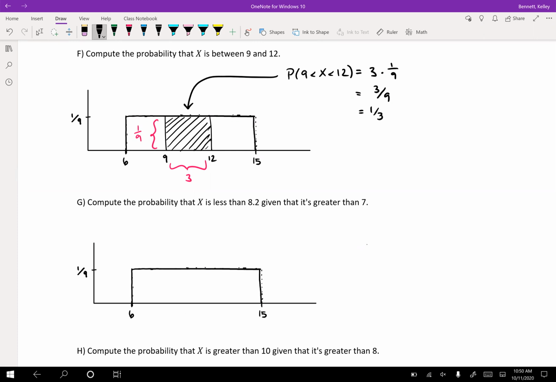So remember, the probability of A given B is the probability of A and B, the probability that both things are true or both things occur, divided by the probability of B. All right, so what are we given? We're given that it's greater than 7. So this is our given. So B is our given.